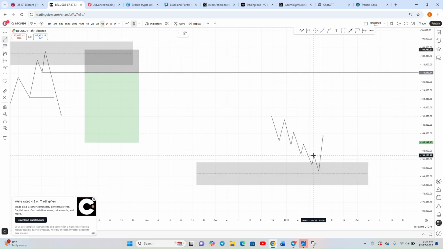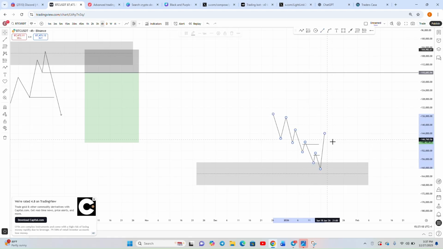So this is the change of character here, and then this is a break of structure. Alright, now where is my entry gonna be? As you all know, right at that change of character, the breaker block over there.